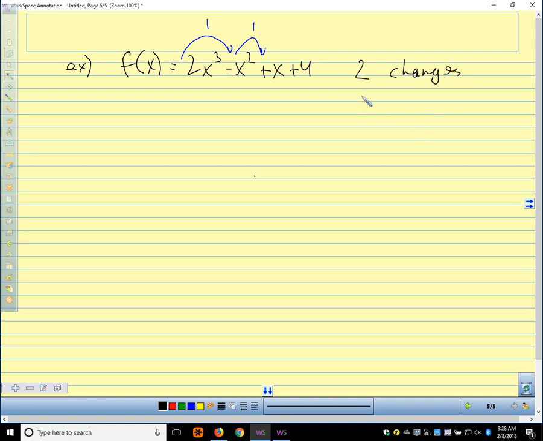So that tells us we have 2 or 0 positive real roots.